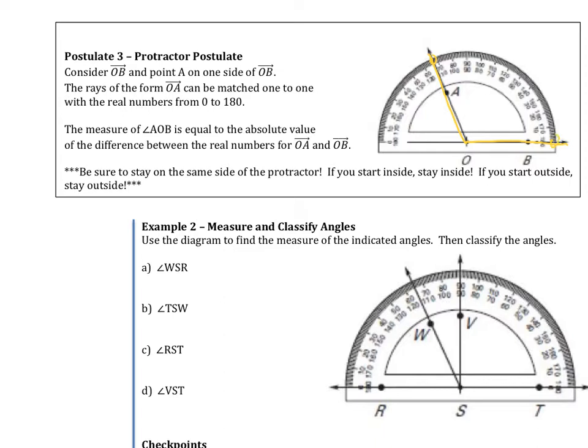So in this case, if you look on the inside, it's 0 all the way up to, looks like about 125 or 115. So you can measure an angle using a protractor.